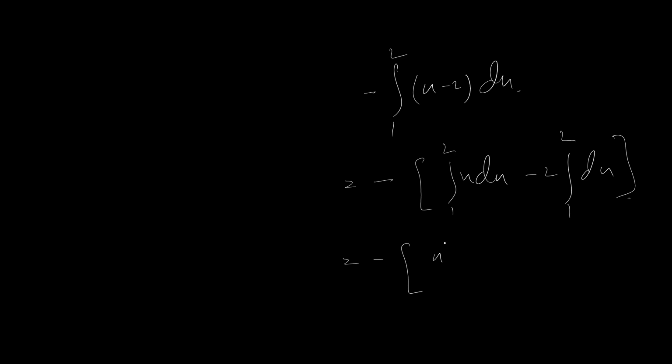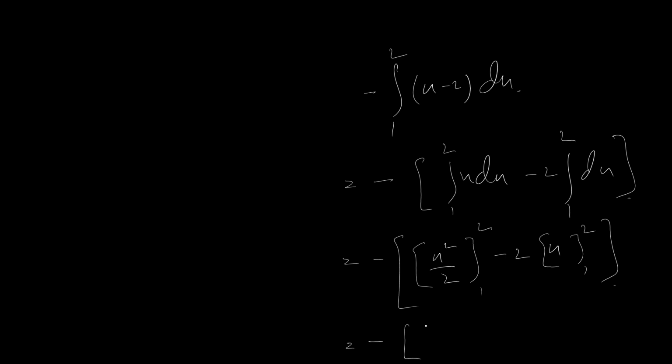So minus, this will be x square by 2 from 1 to 2 minus 2 times x from 1 to 2. This equals minus, 2 square by 2 minus 1 square by 2, minus 2 times (2 minus 1).